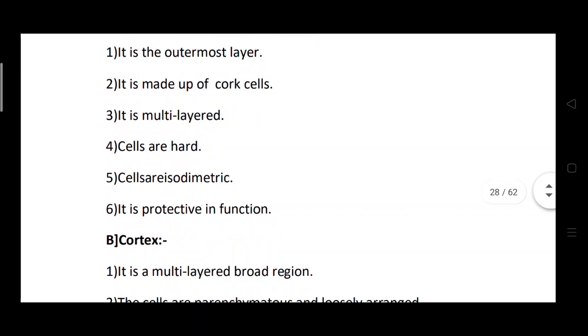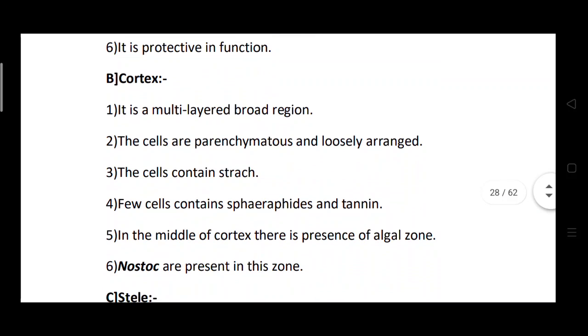Then next to the periderm there is the cortex region. The cortex region is a multi-layered and broad region made by parenchymatous cells, which are loosely arranged. These cells contain starch, a few sphaerophyte cells, and tannins. Also, the middle of the cortex contains the algal zone.